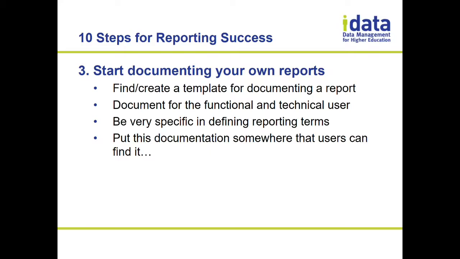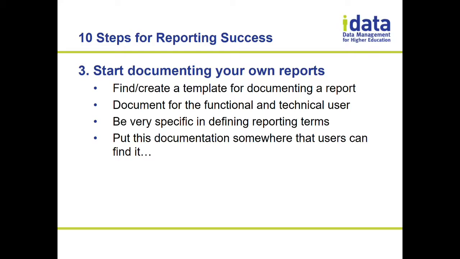Document both for a functional person and for a technical person. If someone else is going to try to create a similar report or understand what you've done, it's good to have the technical details, but you also want to have it functionally. A good example of this is that a large percentage of the schools in the country use Banner. The crazy thing about Banner is that all of their table names and column names are basically unreadable.